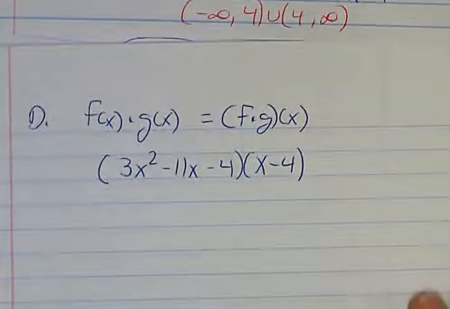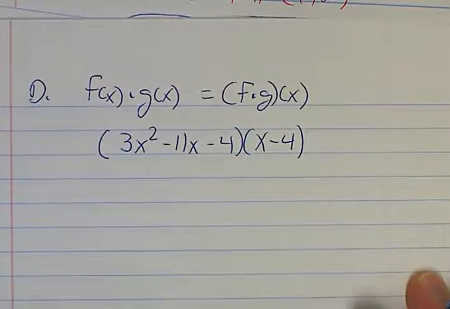So if we do f of x times g of x. Now this one's still full method, but it's a little bit longer because it's 3x squared times 11x minus 4 times x minus 4.